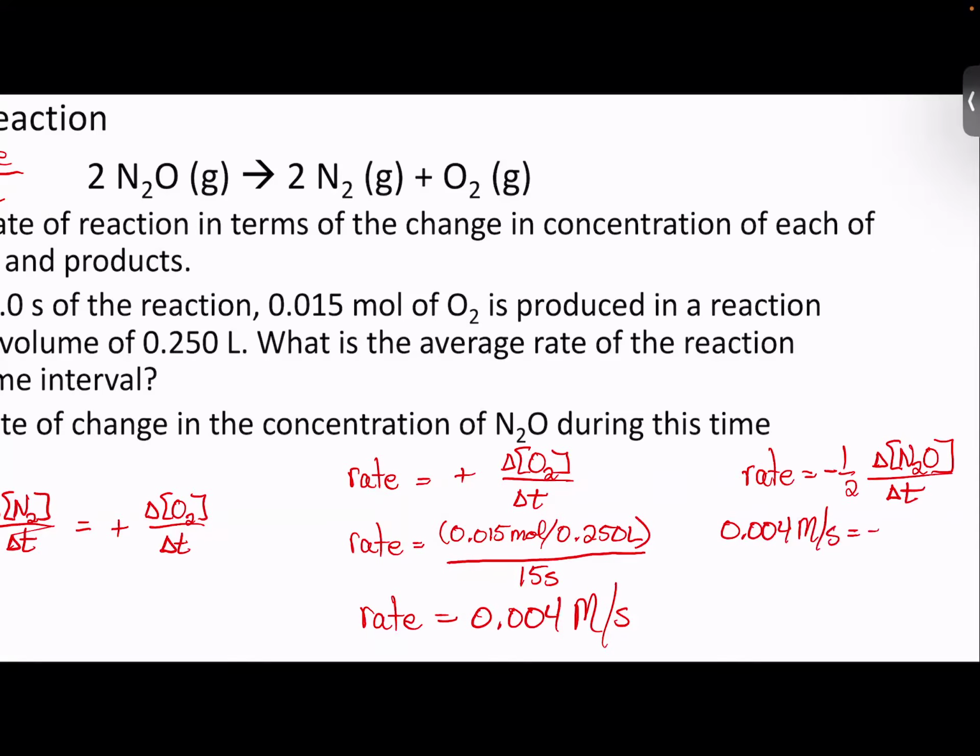So that's equal to a negative 1/2 times the delta of N2O over the change in time. So delta N2O over delta T is equal to a negative 0.004 molar per second. I meant 0.008 molar per second.